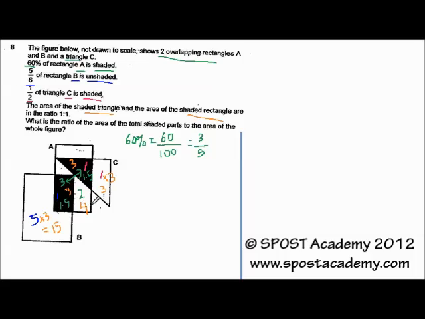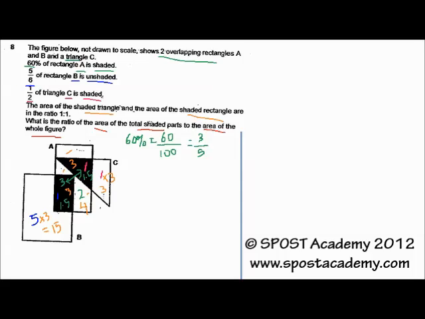Okay, so take into consideration that this 4 refers to this triangle, this rectangle, and this will be a total of 4 units. So the final question is asking, what is the ratio of the area of the total shaded parts to the area of the whole figure?